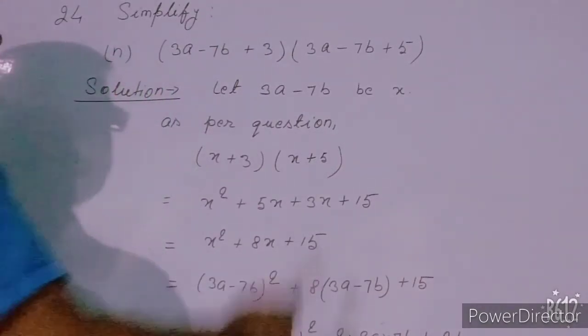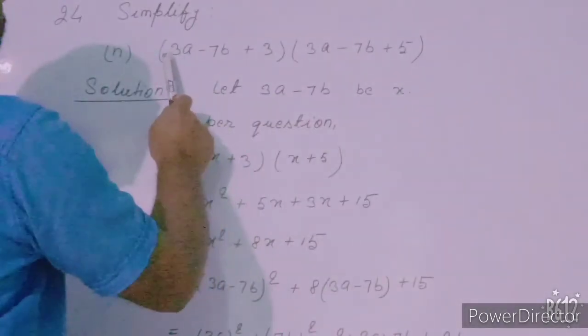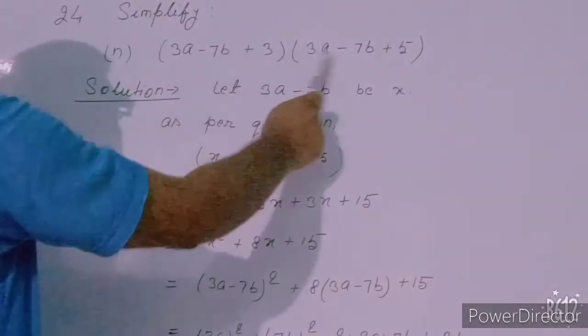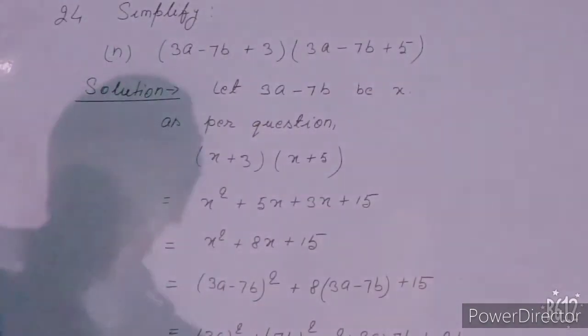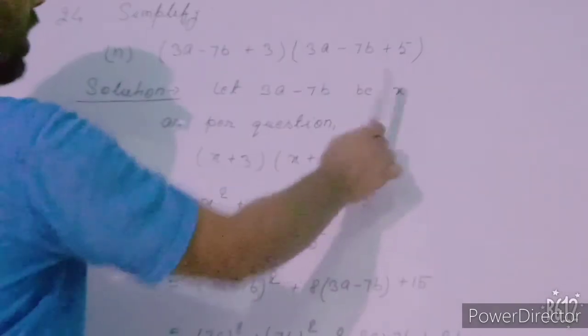But in this question these terms are different, though the first two terms are the same: 3a - 7b, and in this also 3a - 7b. Solution. I have considered 3a - 7b as x.